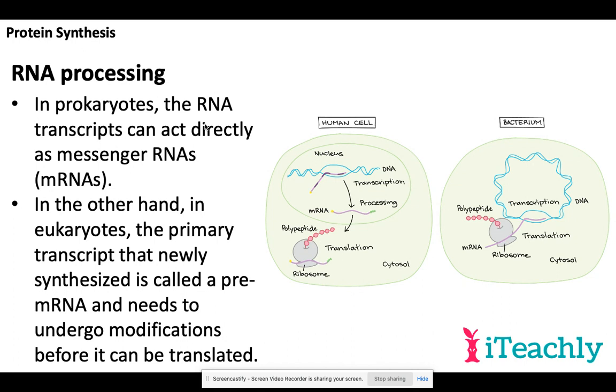We have to modify it. There are parts of it that don't code and that we don't need. It's like when you're writing an essay and you've just got your first draft done, you have to go back and make sure you have your commas in the right places, you've capitalized where you need to, that everything is perfect before you turn it in to your teacher. Well, that's what happened when we made our pre-mRNA strand. It was just a quick run through. We need to now go back and do some editing. So that's why we call it the pre-mRNA.